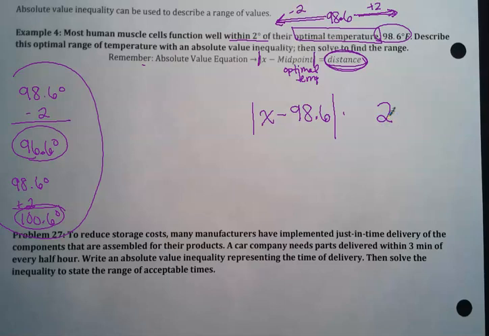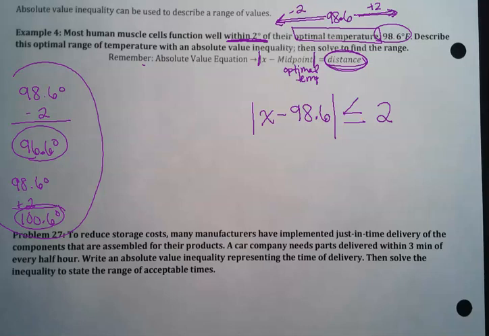So with this phrase, most human muscle cells function well within 2 degrees of their optimal temperature. Well within 2 degrees. So is the new temperature going to be greater than, less than, greater than or equal to, less than or equal to 2? Great, it's going to be less than or equal to 2. That is the inequality.